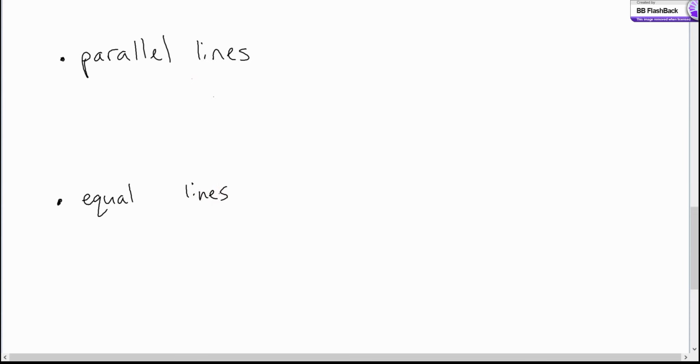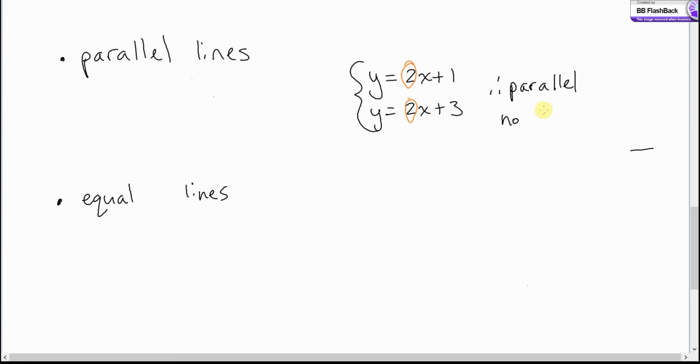Okay, so let's look at some examples and try to decide if they're parallel lines, equal lines, if we can find a point of intersection. So say we have y is equal to 2x plus 1, and y is equal to 2x plus 3. Well, looking at this, they both have the same slope. So therefore, they're parallel. No points of intersection.